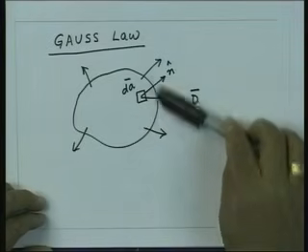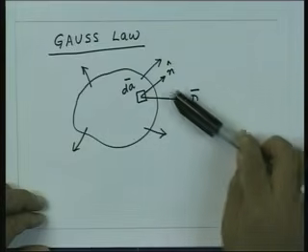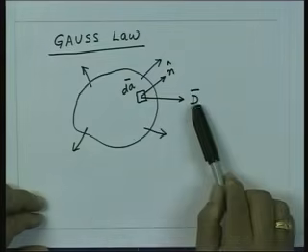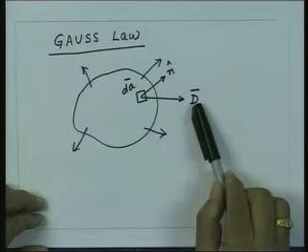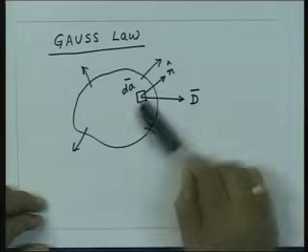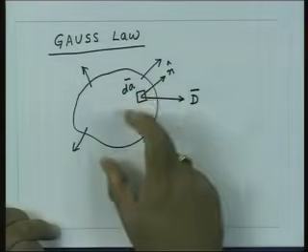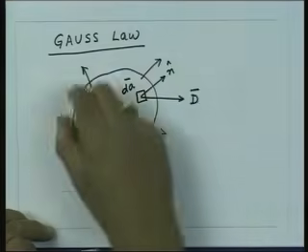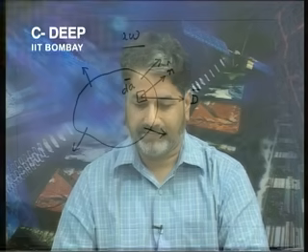So, the outward displacement which will be coming from this small area will be the dot product of these two. So, it is D dot dA, that is the component of the displacement vector in the normal direction. Once I get that, I can add all those contributions from all the areas on the surface, and I will get the total displacement coming from this closed surface.